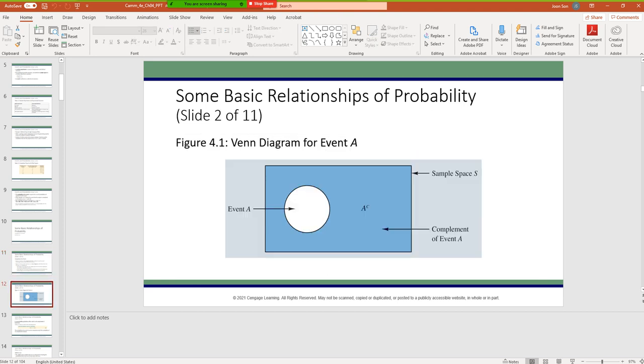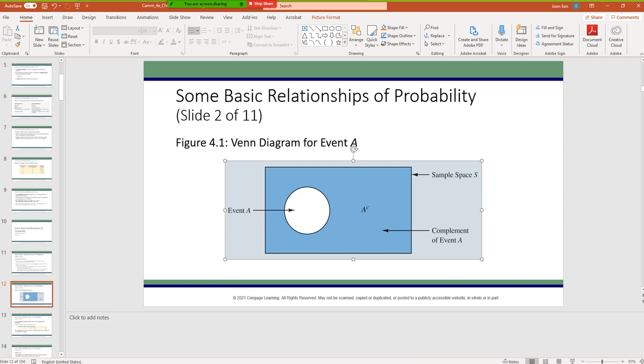If you look at this Venn diagram, this is the sample space S, and if this is the event, the area of the circle represents event A, the probability that event A will take place, right? And then the blue area is the complement, representing the complement of event A.